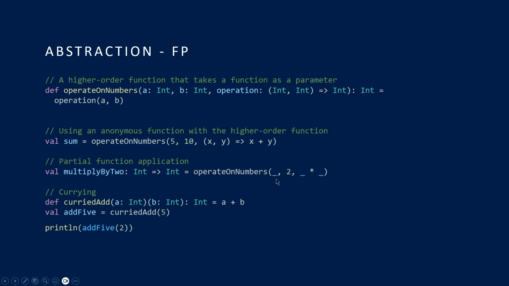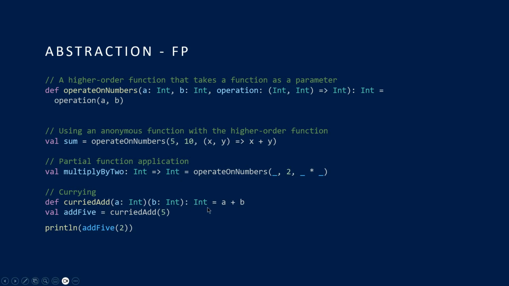And then we've got some partial function stuff we can do. We've got an operation on numbers here that does a multiply by 2. And then we have currying here.